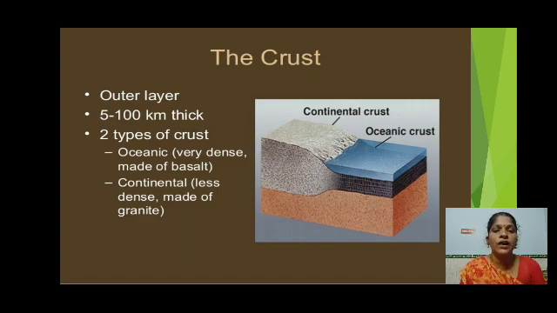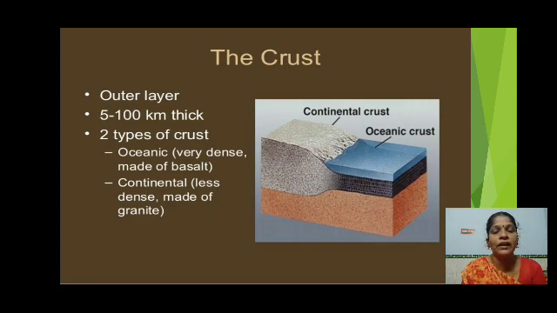The oceanic crust is very dense, made of basalt. Basalt means volcanic rocks are present in the crust. Sial and sima are also present in the crust layer.